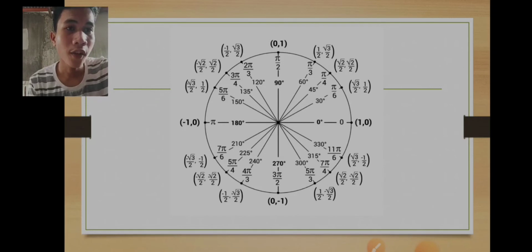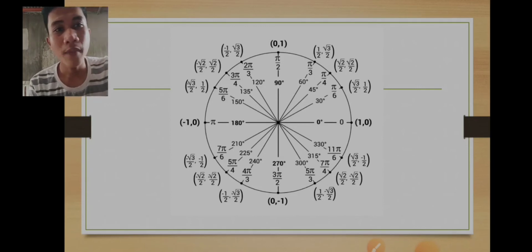In quadrant 4, we have 300 degrees, 315 degrees, and 330 degrees. The coordinate of 300 degrees or 5 pi over 3: the cosine is positive 1 half and the sine is negative square root of 3 over 2. At 315 degrees or 7 pi over 4, the cosine is square root of 2 over 2 and the sine is negative square root of 2 over 2.